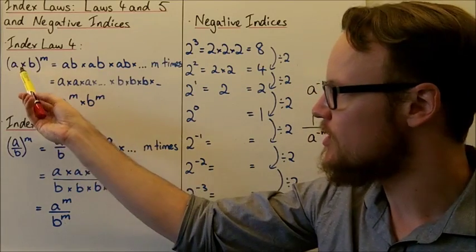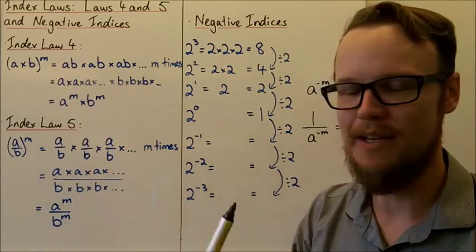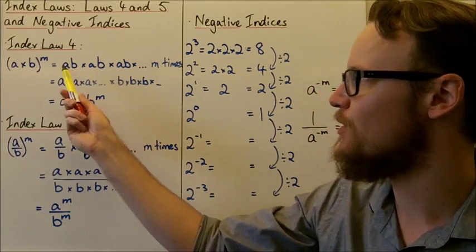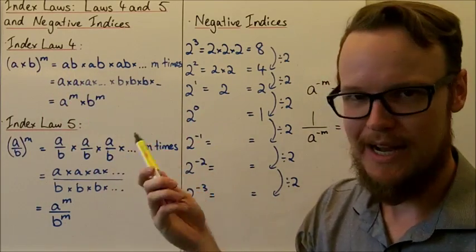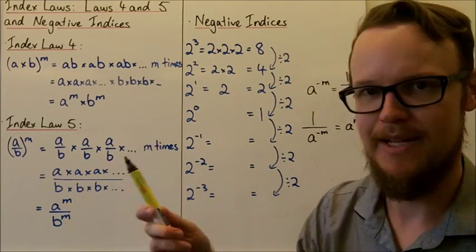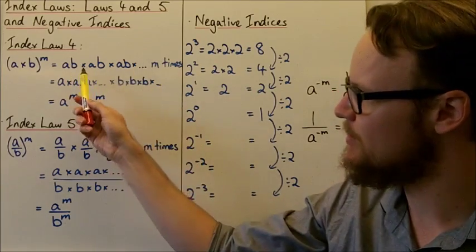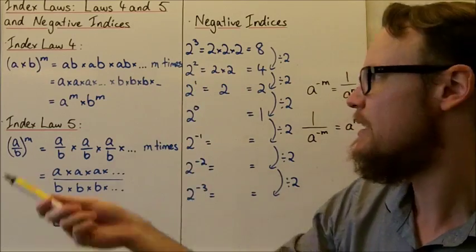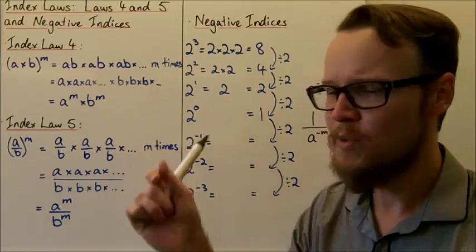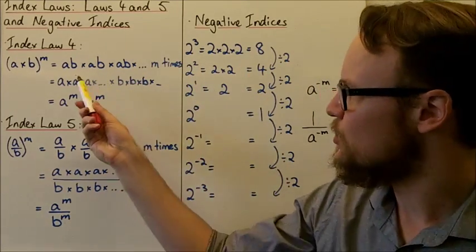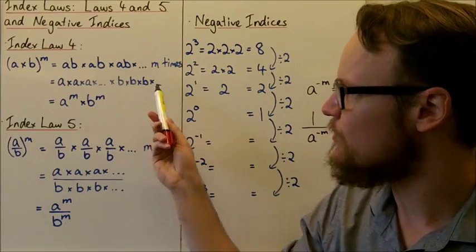The definition means that if we've got a times b all raised to the power of m, we've multiplied ab times ab times ab, m times. We can rearrange this so that all of the a's are together and all of the b's are together.